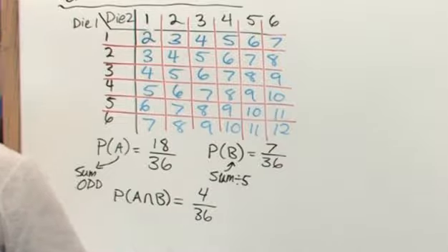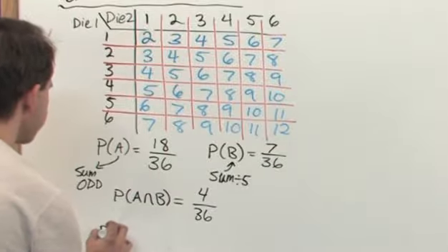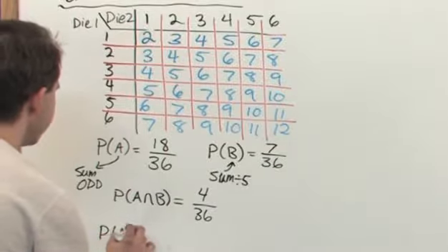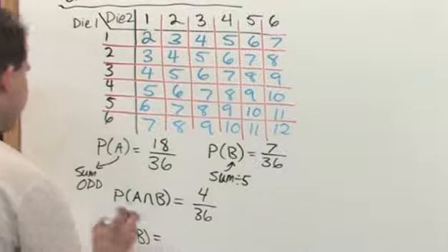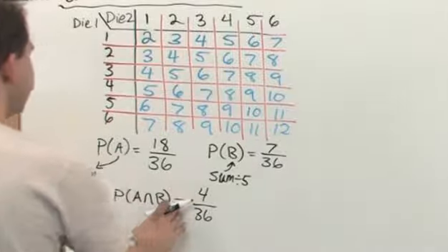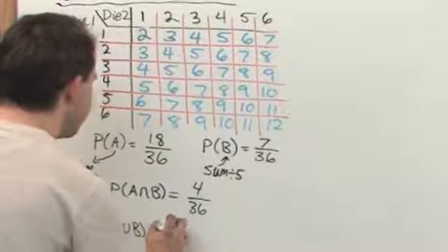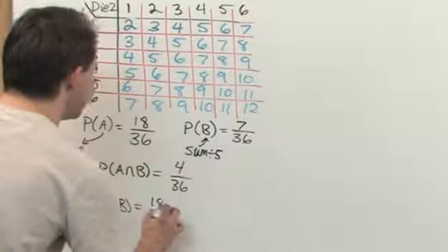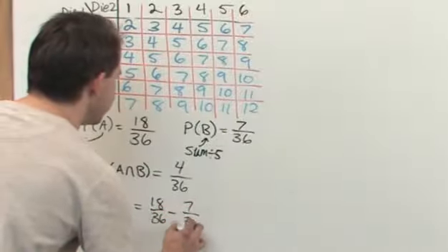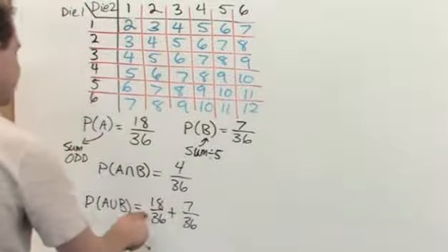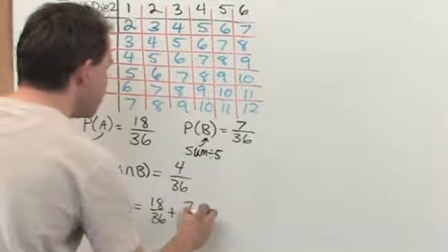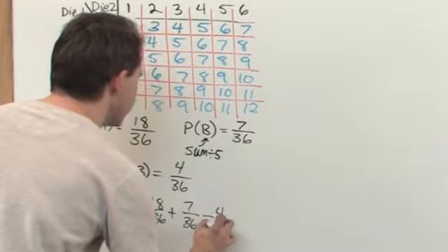So we have everything we need. Now the probability of A union B is going to be equal to the probability of A plus the probability of B minus the probability of both. So it's 18/36 plus 7/36 minus 4/36.